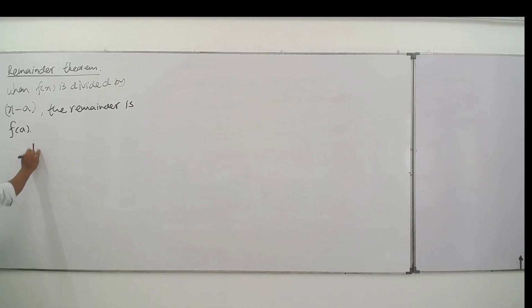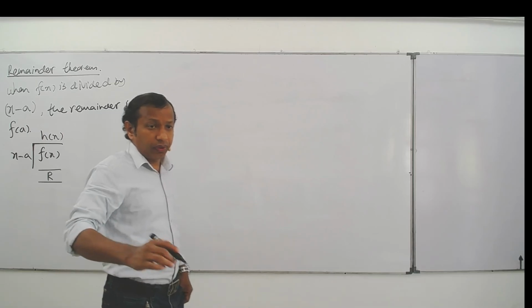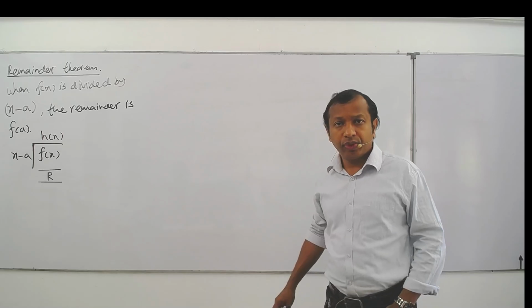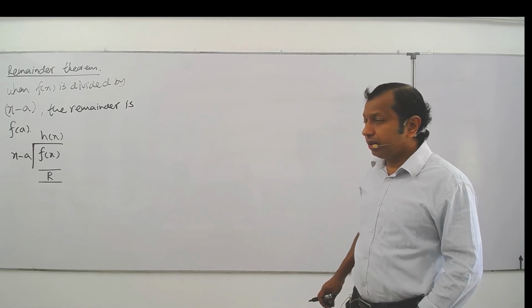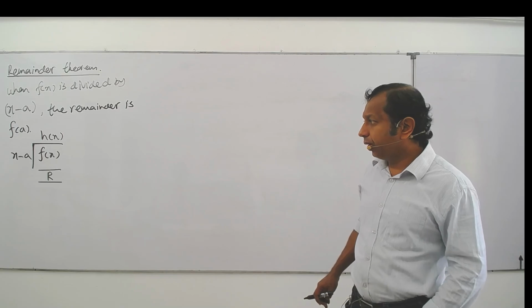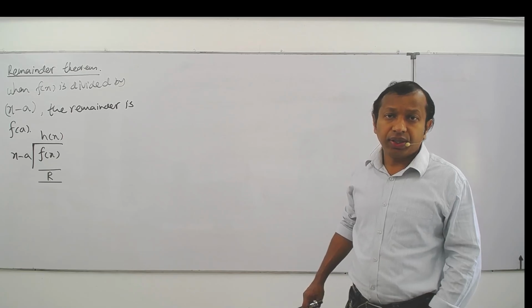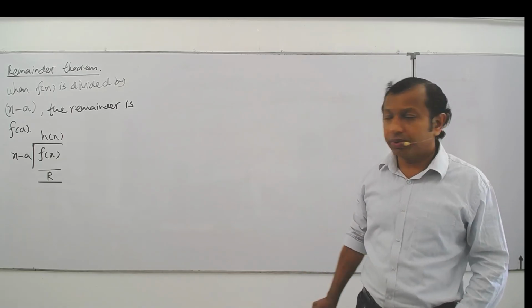We assume this way. When this f(x) is divided by x minus a, I am going to assume the quotient as h(x) and the remainder as r. Let us assume when f(x) is divided by x minus a, the quotient is h(x) and the remainder is r. That way we have to write the statement.